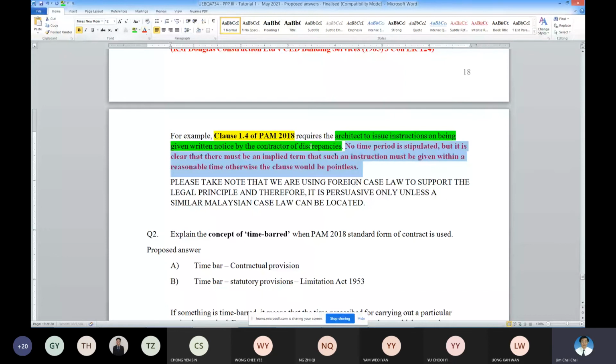So what is the reasonable time? It is for the judge to decide, because locally we don't have so-called case law. We make use of the foreign ones, and those are going to be persuasive. So the reasonable time is implied by the judge, and the judge says how long. That will be the answer.